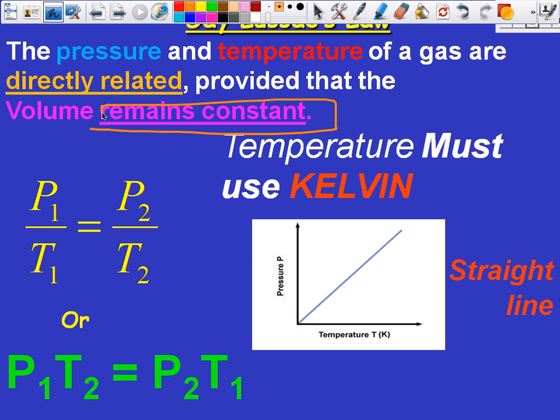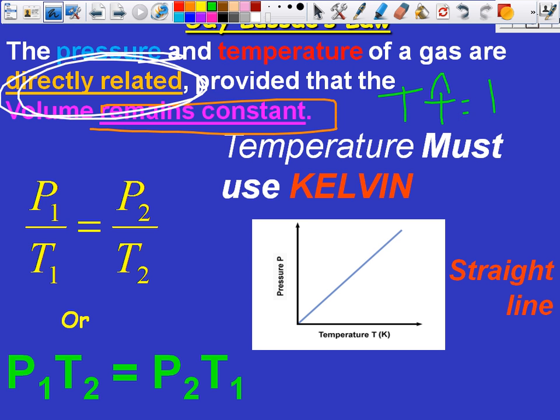All right, and another thing I need you to grasp and recognize is that temperature and pressure are directly related. So essentially what I need you to know is that as your T increases, well, guess what your P does? Your P also increases. And this is where your heat 'em up, speed 'em up things come from.